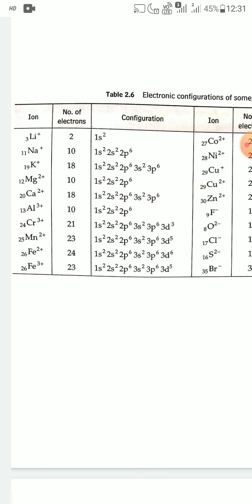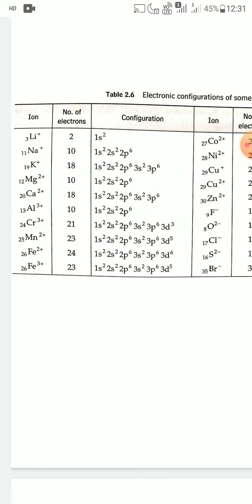Similarly, the electronic configuration of sodium plus is 1s2 2s2 2p6, because sodium has a total of 11 electrons, but the sodium plus ion has 10 electrons, so you have to arrange these 10 electrons in different orbitals.